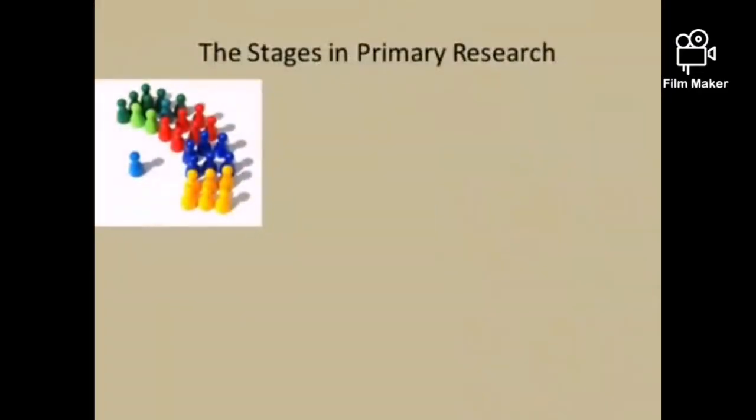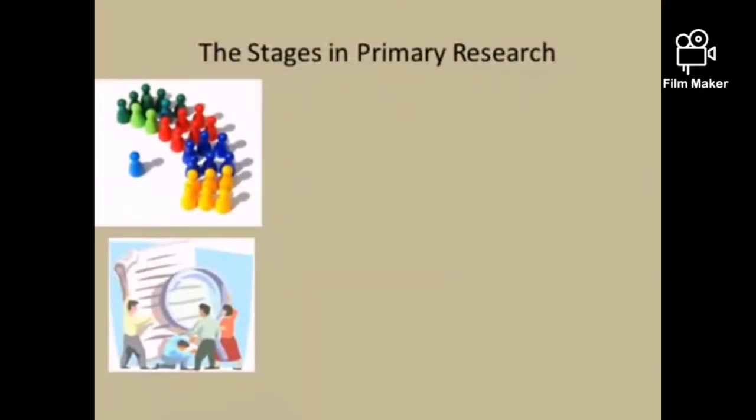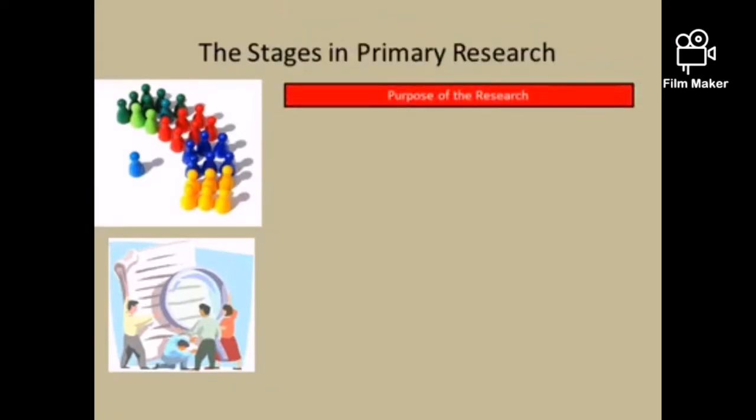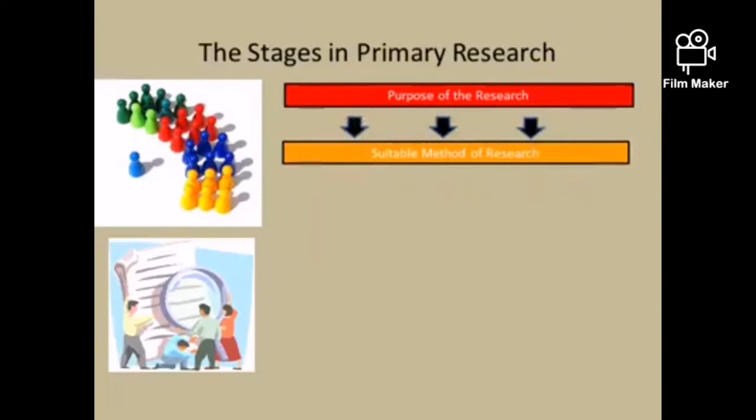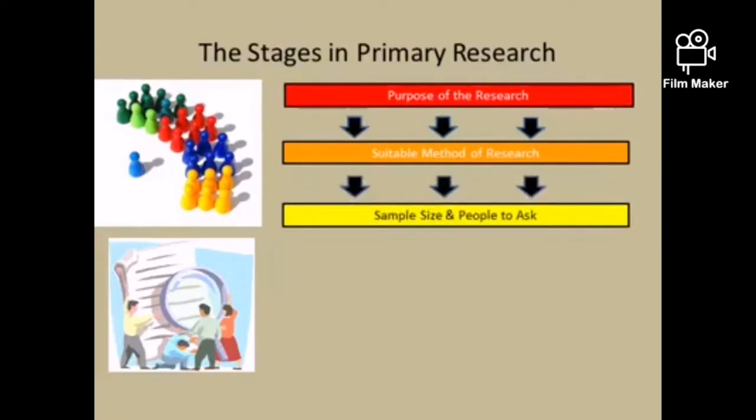Before we start our detailed discussion about the types of primary research, we should know what the stages in primary research are. The first stage is that you want to find out the purpose of your research, that's why you are doing it. Then you'll find out which suitable method you will use: interview, questionnaire, or any other method.